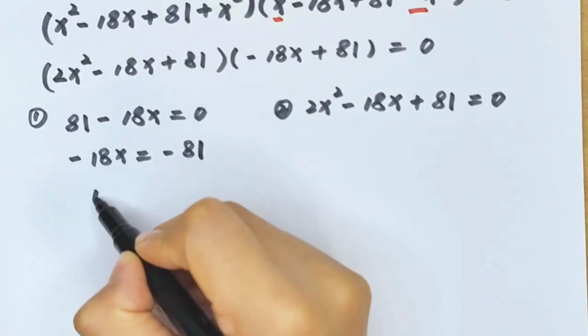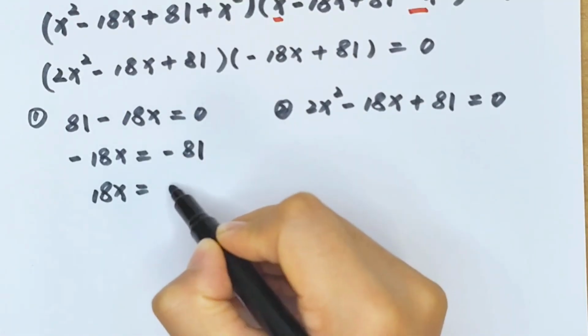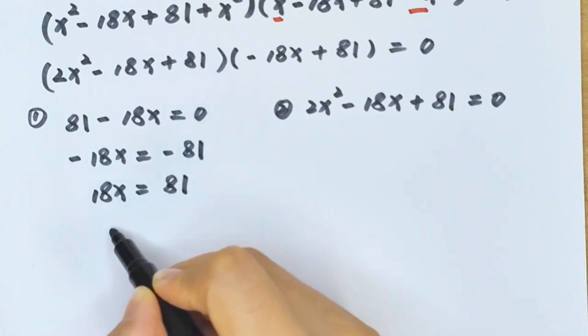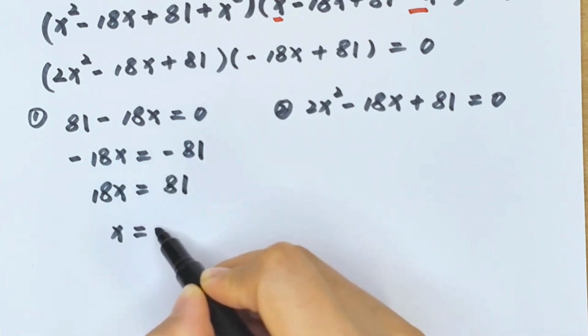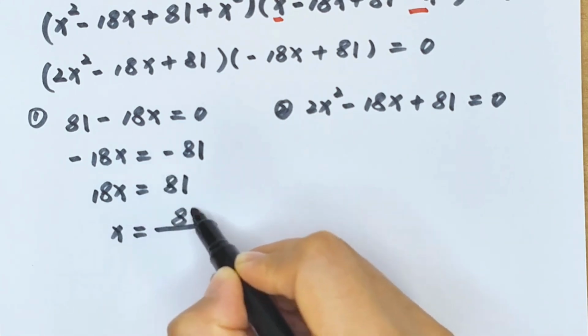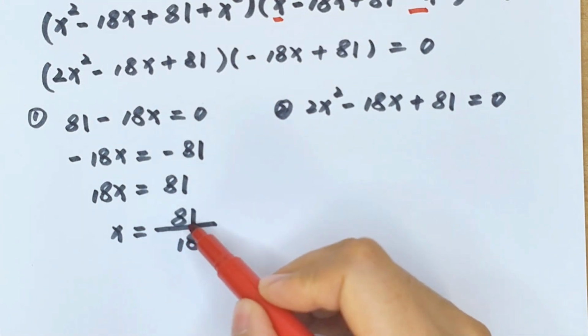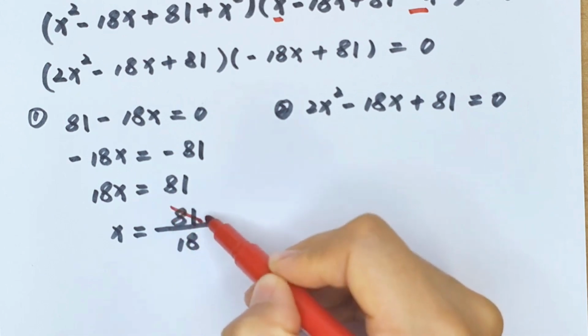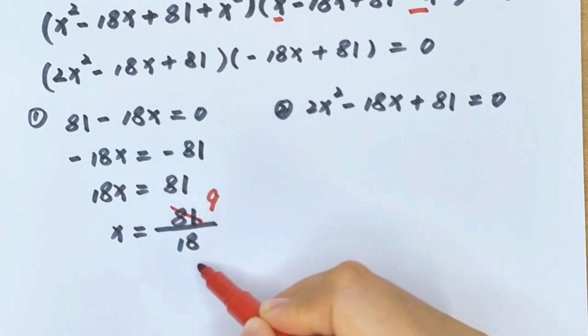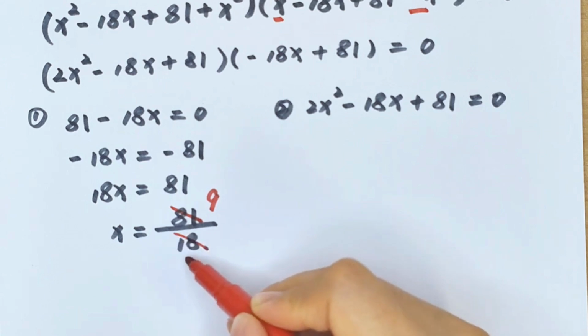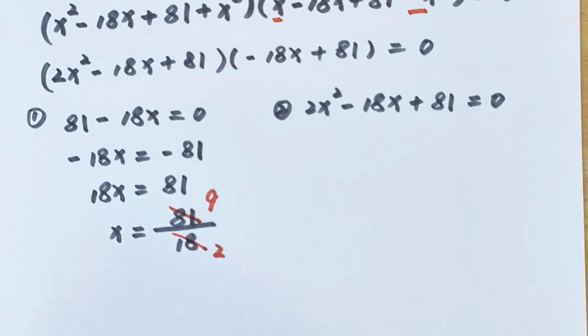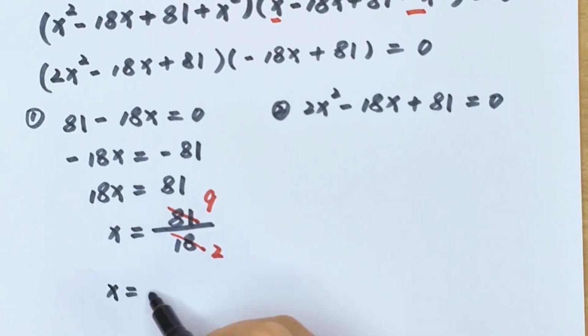It means 18x equals 81. So x equals 81 over 18. So this divided by 9 by 9, and this divided by 9 by 2. So x equals 9 over 2.